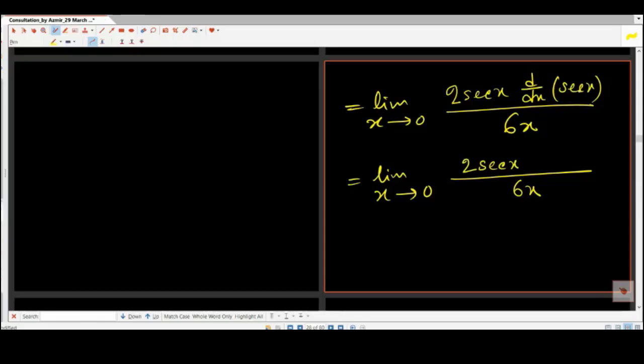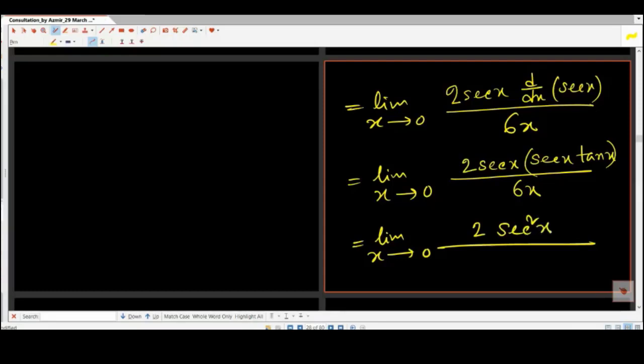Differentiation of secant x is secant x tan x. We can simplify, so it is now 2 secant squared x times tan x over 6x.